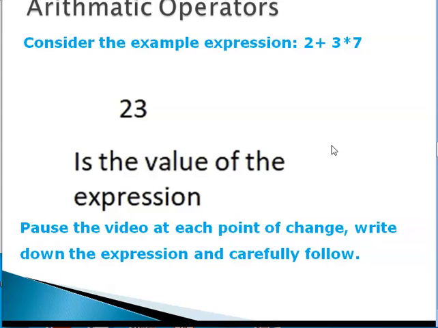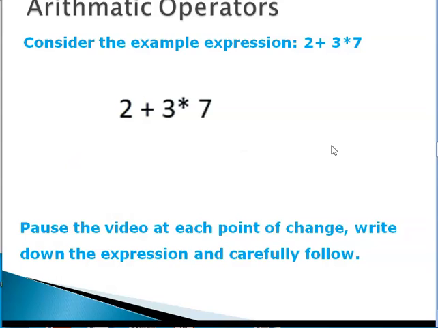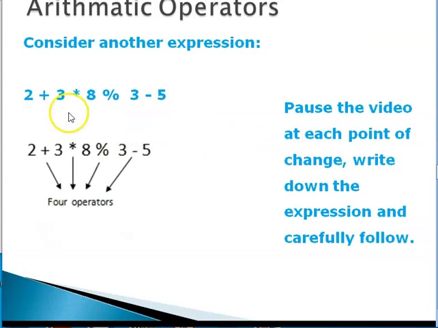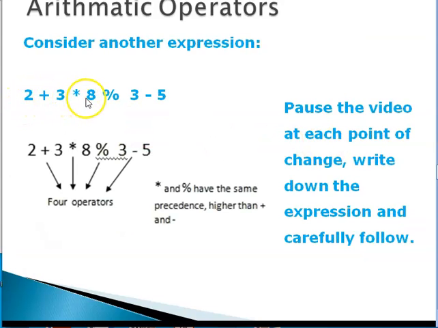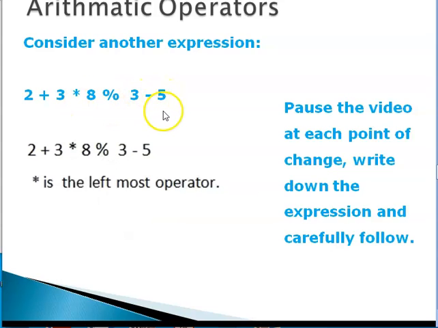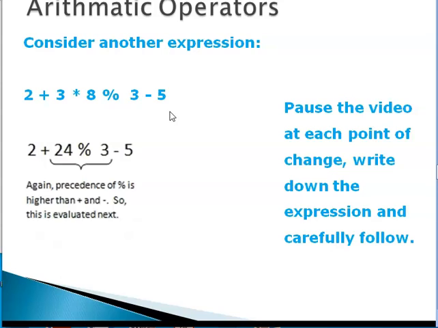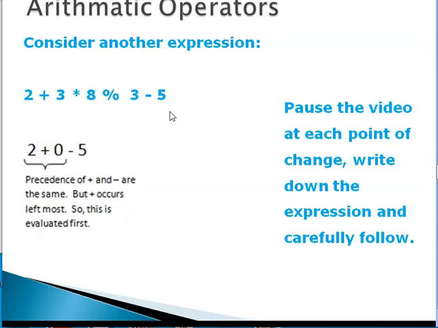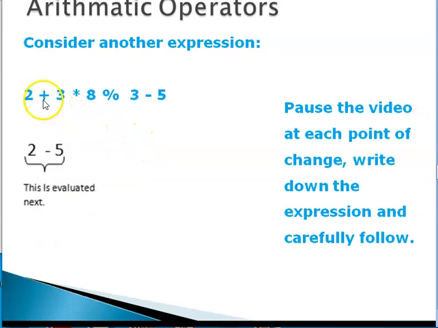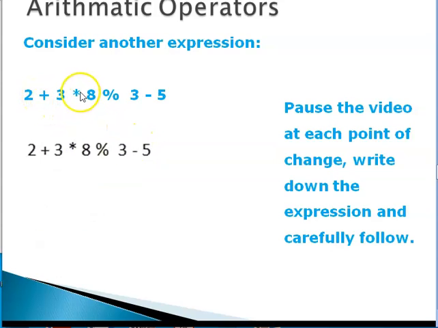Let us try to see a bit longer expression, one that is a bit more involved. Consider this example: 2 plus 3 star 8 % 3 minus 5. I would strongly encourage you to pause the video, evaluate the expression by yourself, and then slowly go through each change in the little animation. We will see that there are 1, 2, 3, and 4 operators.